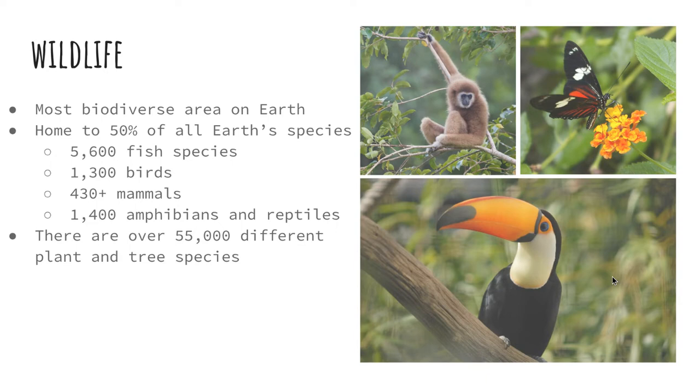It is home to at least 5,600 different types of fish, 1,300 bird species, 430 plus different types of mammals, 1,400 amphibians and reptiles, and also there are over 55,000 different plant and tree species. And they are still discovering more species of all the above to this day.